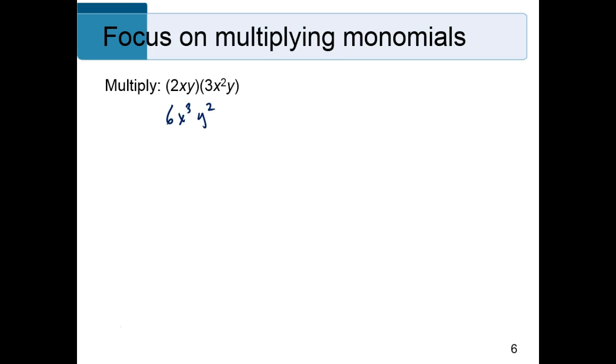Now, if you wanted to do it another way, you could factor everything and make it 2 times x times y times 3 times x times y. Then multiply the numbers, 6. Multiply the x's, x 1, 2, 3, that's x cubed, and y 1, 2, y squared.